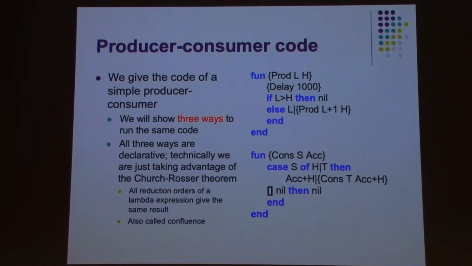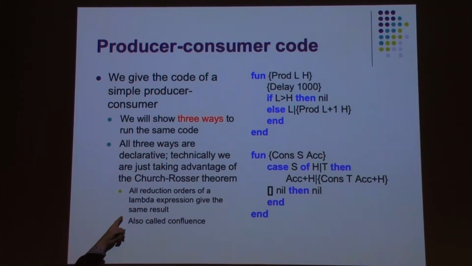All 3 ways are correct. All are declarative, so they all are functional programs. They all are technically doing lambda calculus underneath. They all obey the Church-Rosser theorem. What this means is that a functional program, a lambda expression, will always give the same result, no matter in which order the reductions are done.